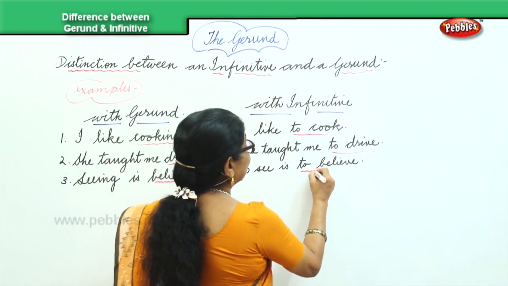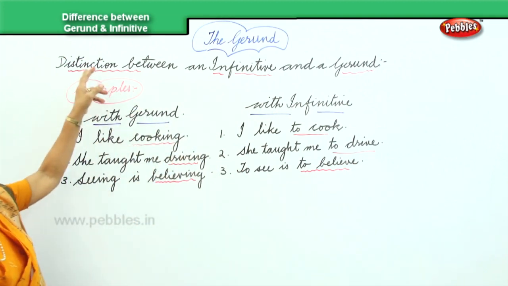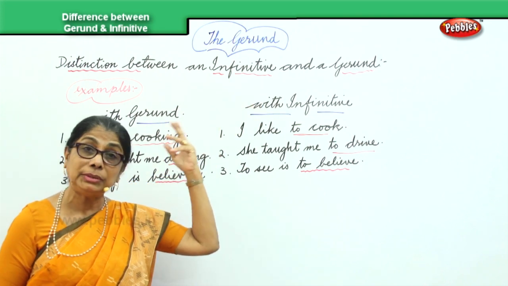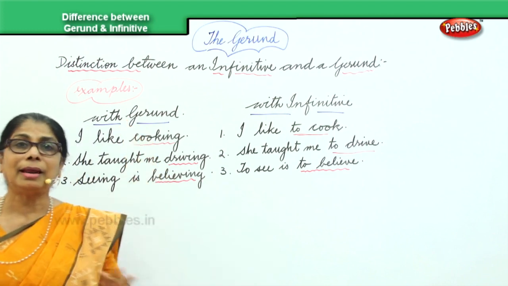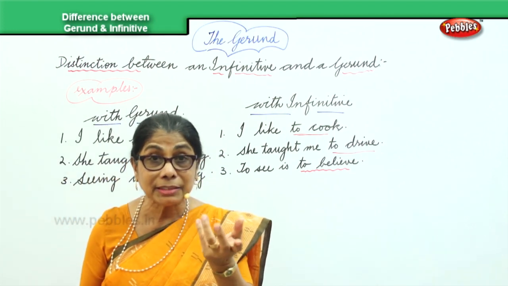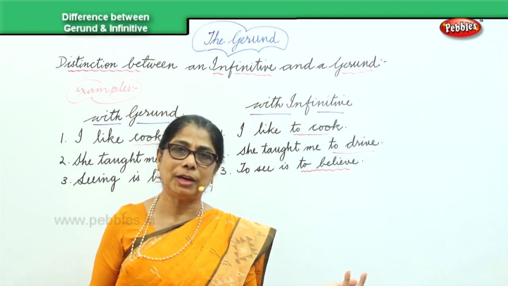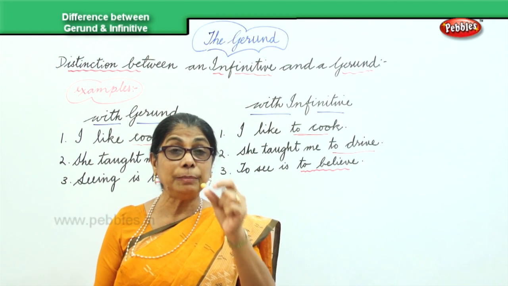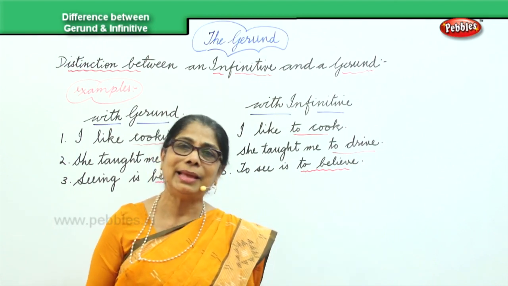Now, I told you, we are talking about the distinction and difference between the infinitive and gerund. In both cases, whether it's infinitive or gerund, the verb does the work of a noun and partly does the work of a verb. In the case of infinitive, you add to the verb to make it infinitive.